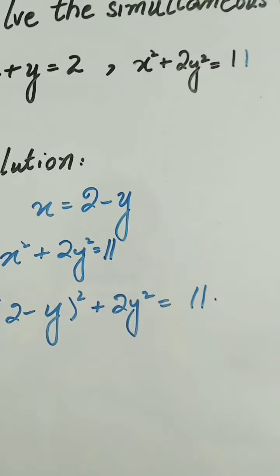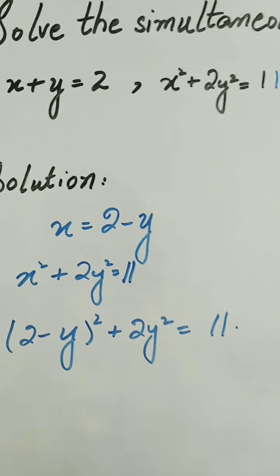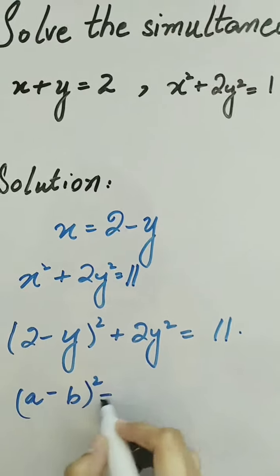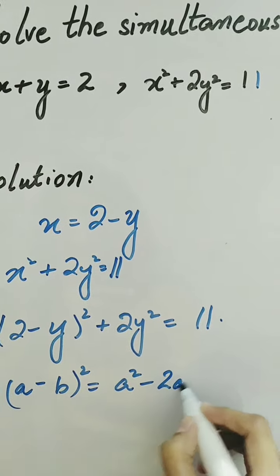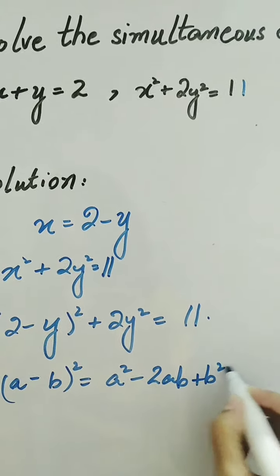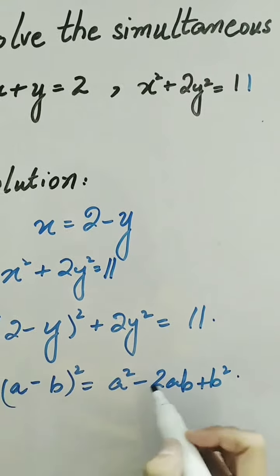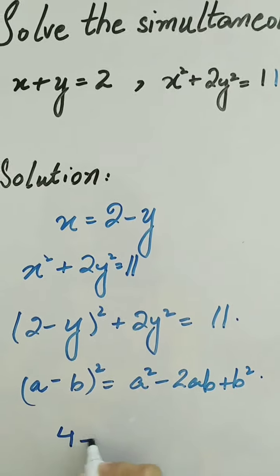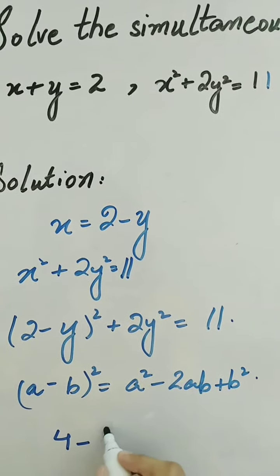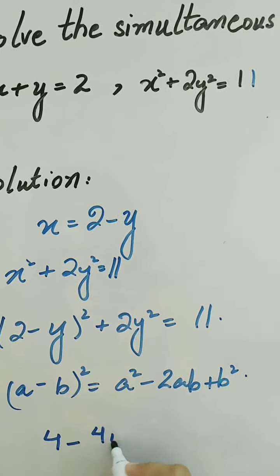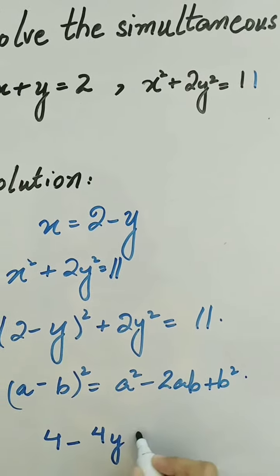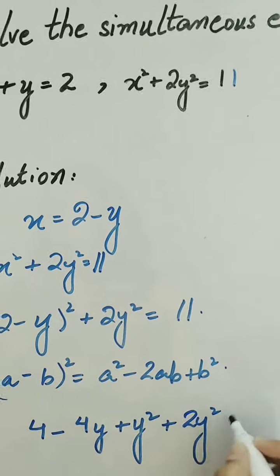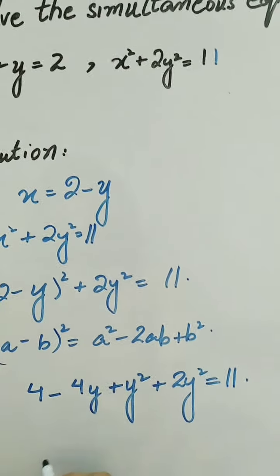Here we are going to use the formula of a minus b whole square, which is equal to a square minus 2ab plus b square. Here a is 2 and b is y. So it becomes 4 minus 4y plus y square plus 2y square is equal to 11.